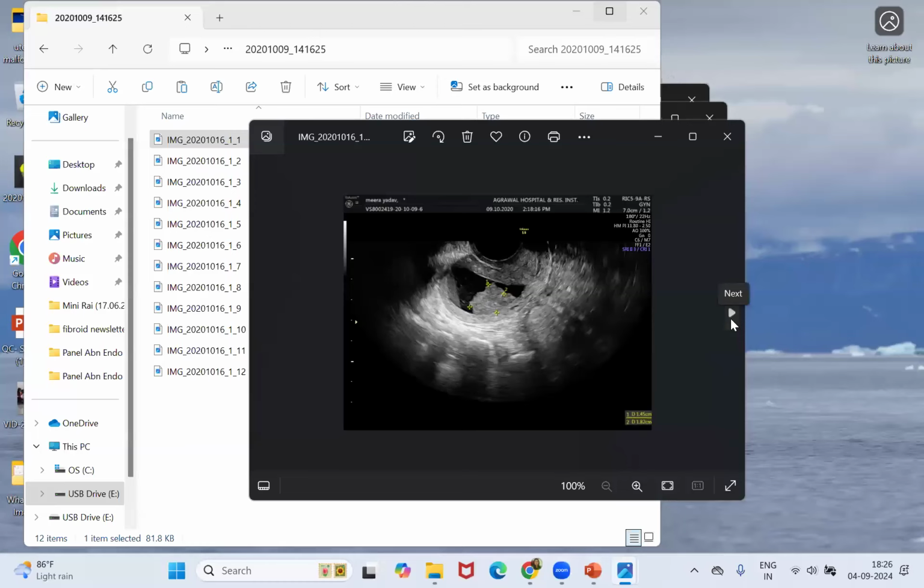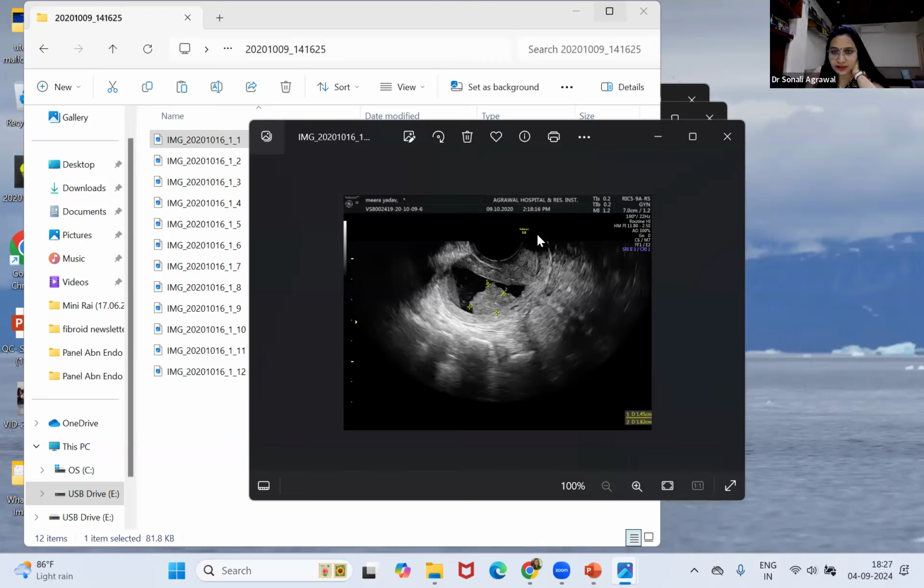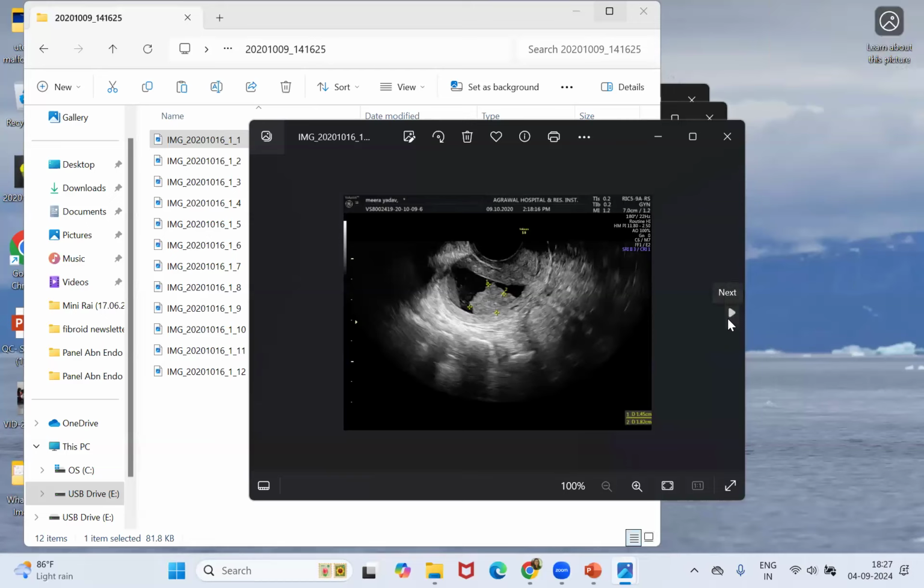Looks like fluid in the cavity with some space occupying lesion in the cavity itself, arising from the anterior wall of the uterus. The bladder is here. Yes, anterior wall, and it looked broad based. It's not pedunculated, and the fluid is covering the entire endometrial cavity, I think right up to the cervix also.